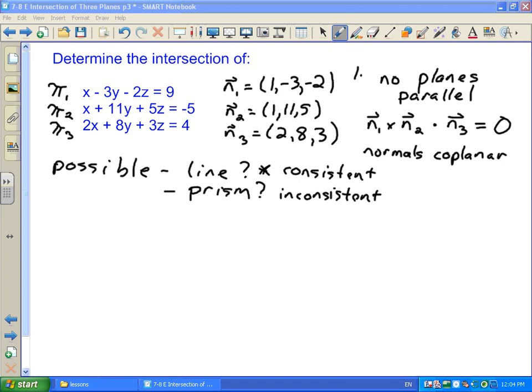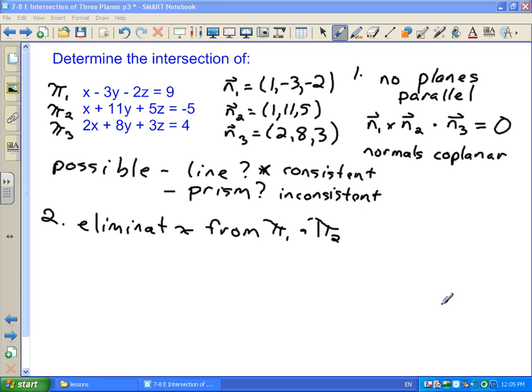Okay, so let's start trying to solve this thing. Our first step is going to be the same as step before. We're going to eliminate one of our variables from two of our equations. I think the easiest thing to do is to eliminate x from 1, 2. So from plane 1 and plane 2.